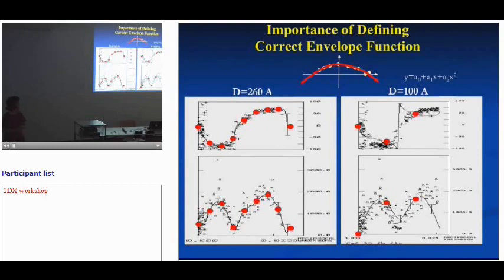Okay, so I will try to show you in the next slide, and then we'll come back to that point. If I choose 100, then this will be obvious. This is definitely too small an envelope, right? You can tell that this is not going to fit well.